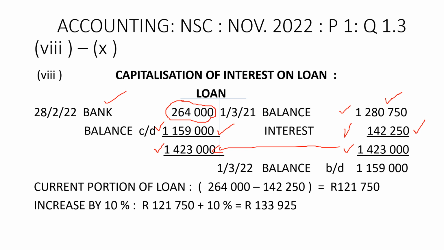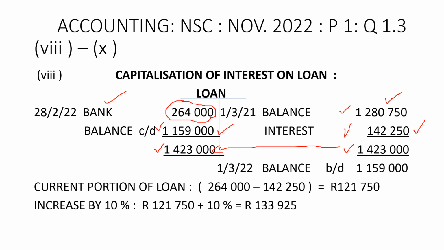Okay, important to note, learners, is that the 264,000, which represents your total repayments of the year, can be split between the interest portion and the portion of the loan. So we need to split those two amounts, which I'm going to show you in the next slide.